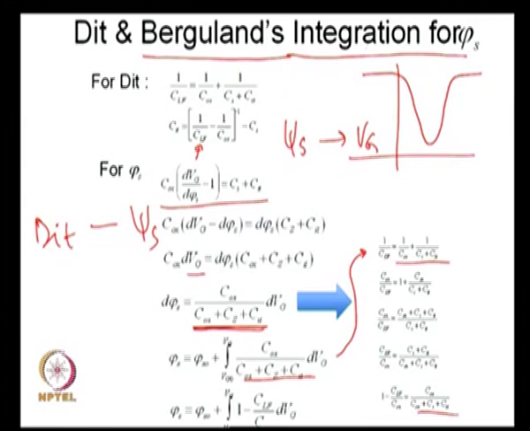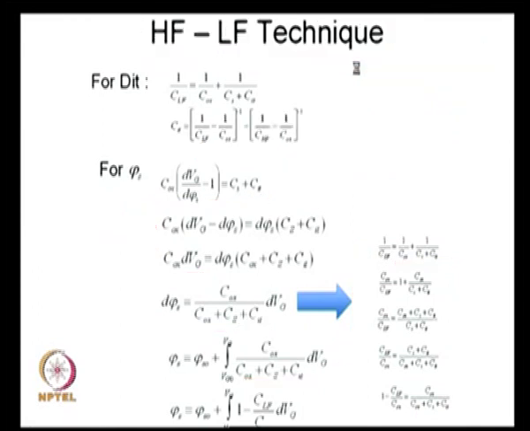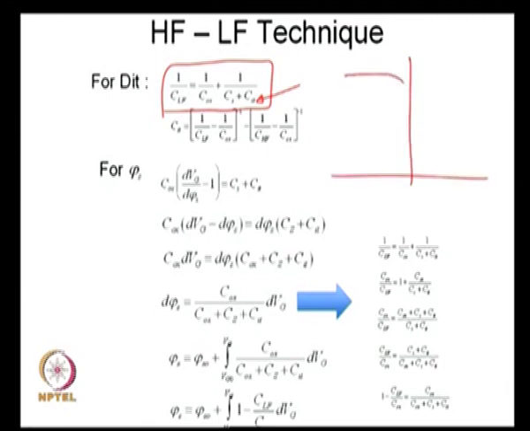One last technique: if you have both high and low frequency at your disposal, then you can use what is called the HF-LF technique. I have measured a high frequency capacitance which looks like this, and a low frequency capacitance which looks like this.